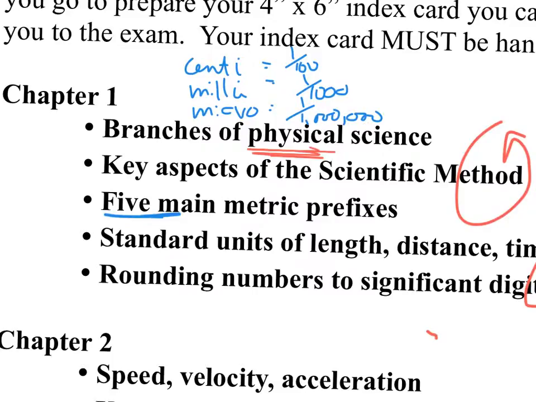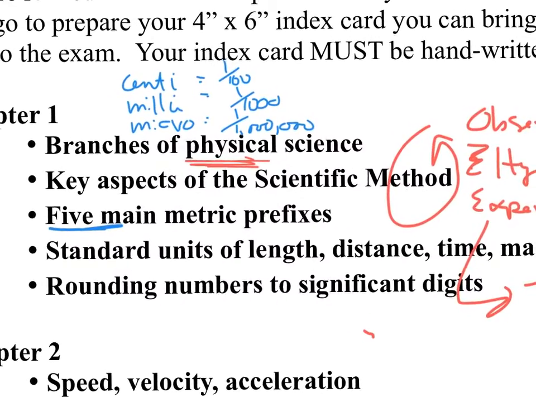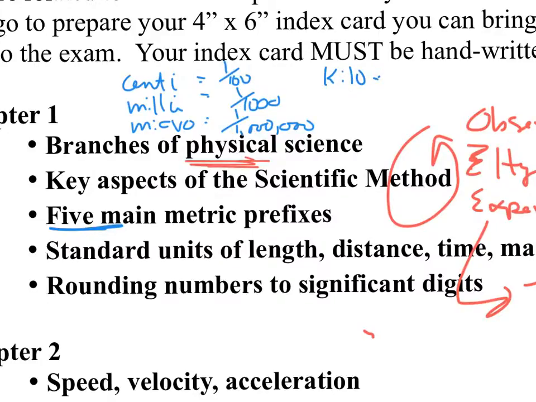And then there were 2 big ones. The one I usually tell students is kilo. I was thinking drugs, I think a kilo, right? The prefix kilo means 1,000 times. And I think the other one was mega or giga?